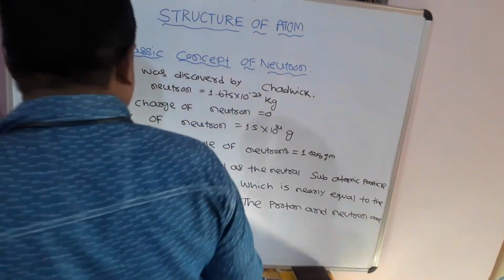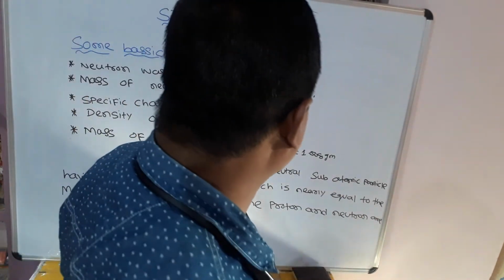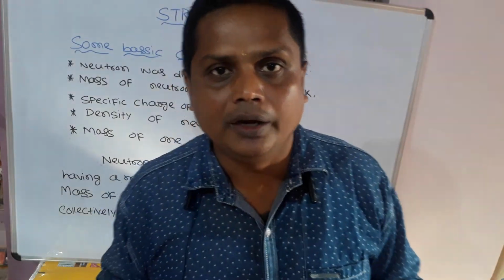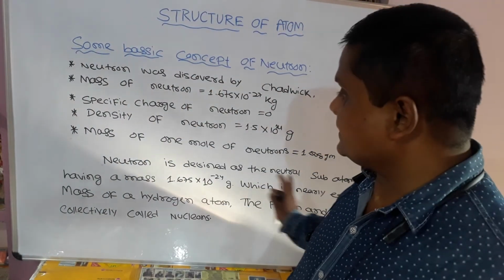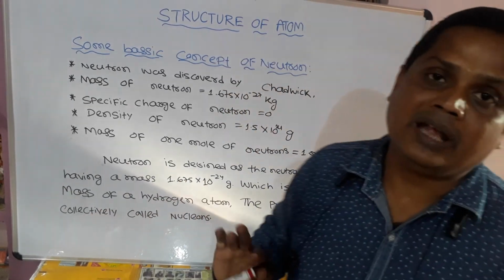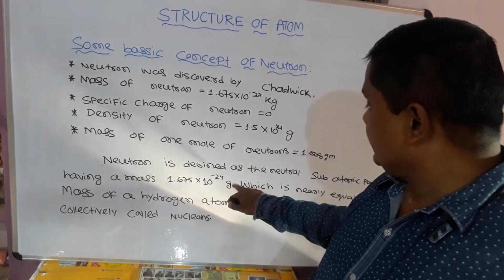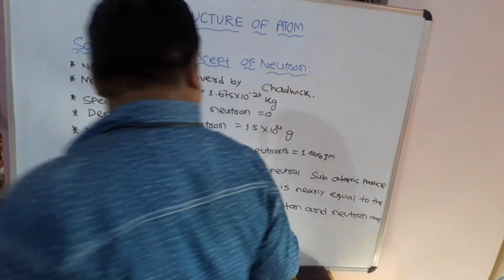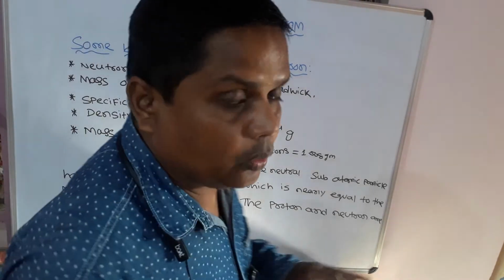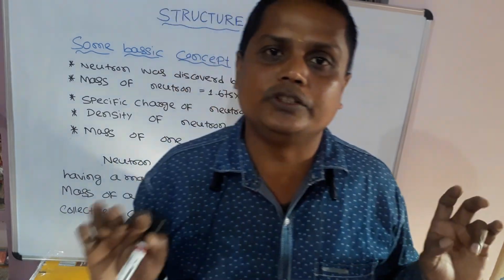Neutron is defined as a neutral subatomic particle having mass 1.675 times 10 to the minus 24 gram, which is nearly equal to the mass of a hydrogen atom.